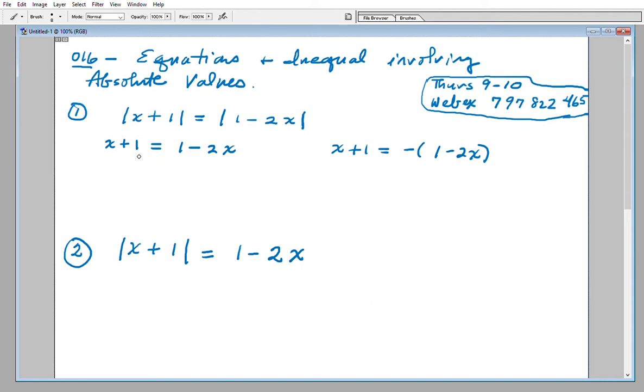Okay. So here if we subtract 1 from both sides, we get x is equal to minus 2x. Let's say we add 2x to both sides. We have 3x equal 0. See, if we add 2x here, we're going to get 0 on this side. Okay, and then divide by 3, we have x equals 0 is one solution.